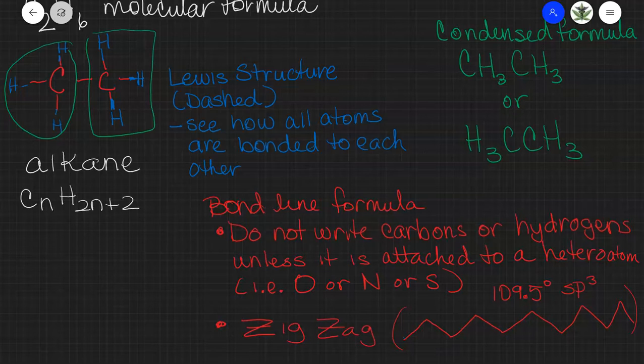So the ends represent carbons and the middles also represent carbon atoms. And you do not have to write your hydrogen atoms. So for our C2H6 compound, its bond line formula would just look like a line because it's only 2 carbons. So let's look at another example.